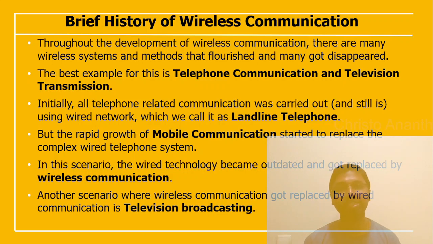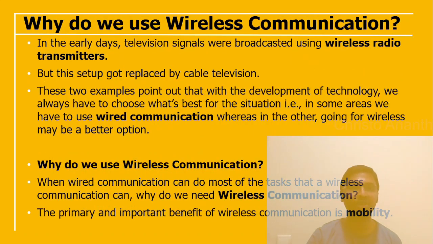Another scenario, where wireless communication got replaced with wired communication, is television broadcasting. Even for TV you cannot say we can do it without wires; with wireless there is a problem, we will not get the signals as clear. So wired is really best in the case of TV broadcasting.